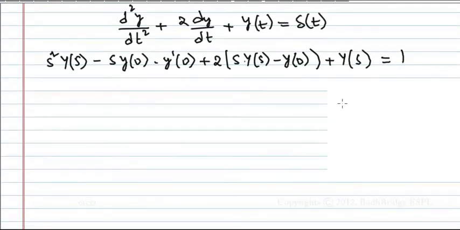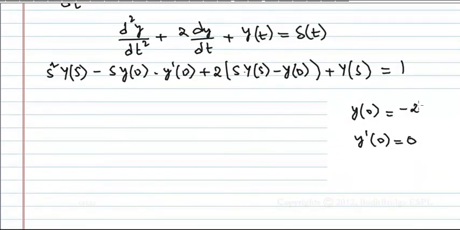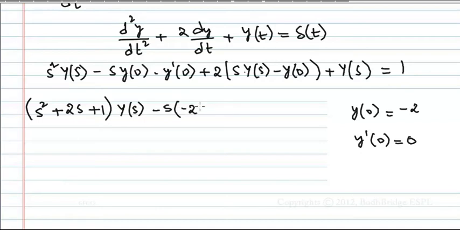Now substituting the initial conditions given: y of 0 is minus 2 and y dash of 0 is 0. Therefore s square plus 2s plus 1 into y of s, minus s into minus 2, and y dash of 0 is anyway 0, and minus 2 into y of 0 is minus 2, is equal to 1.